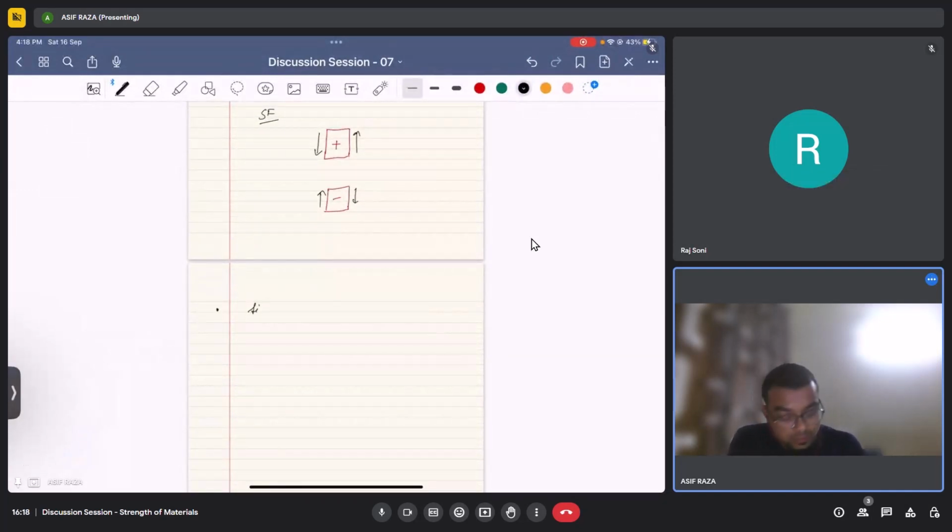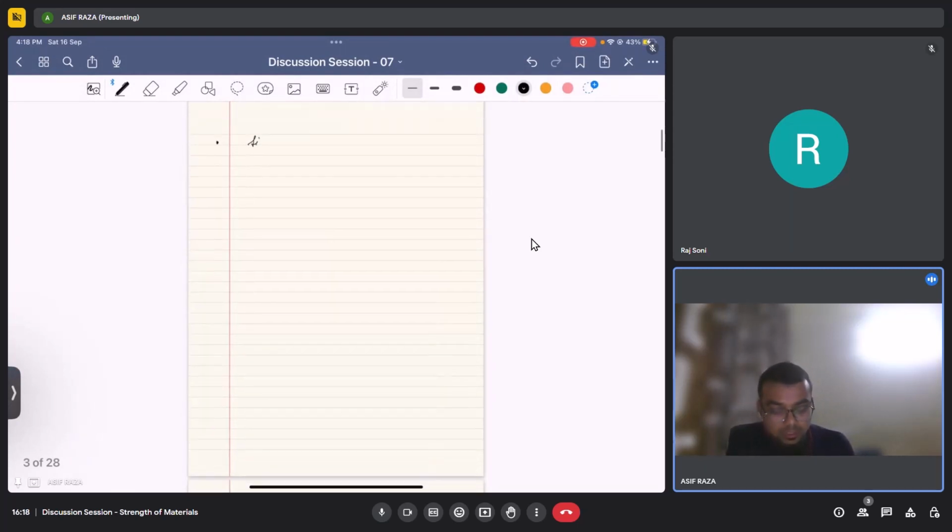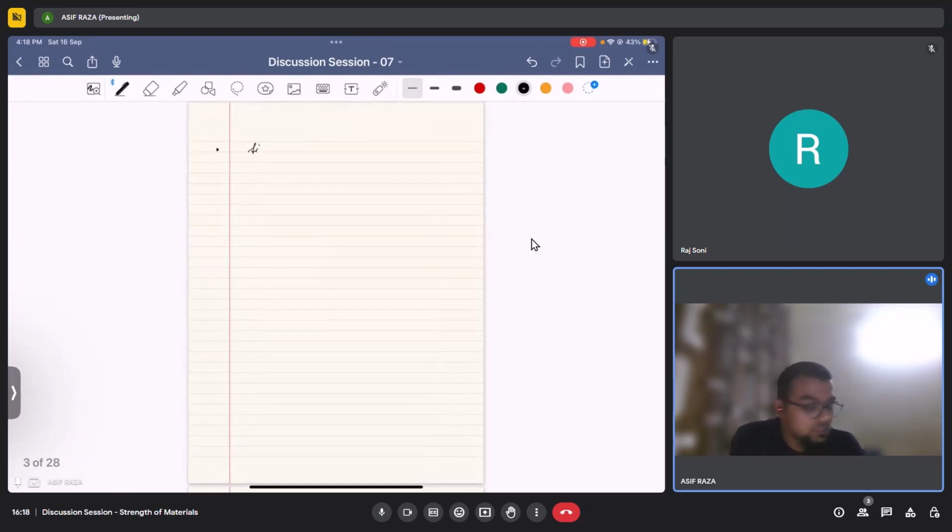Next is regarding supports, or rather the special beams which are normally used.